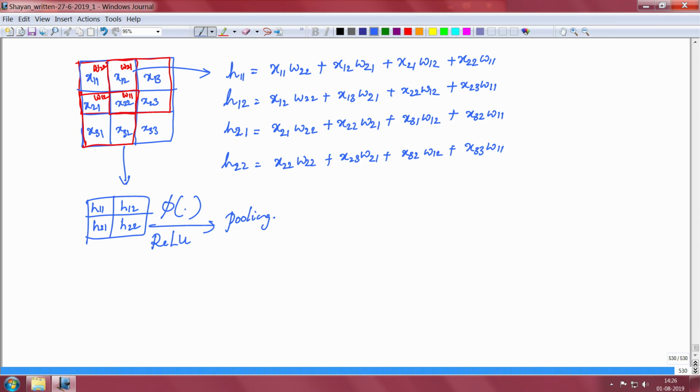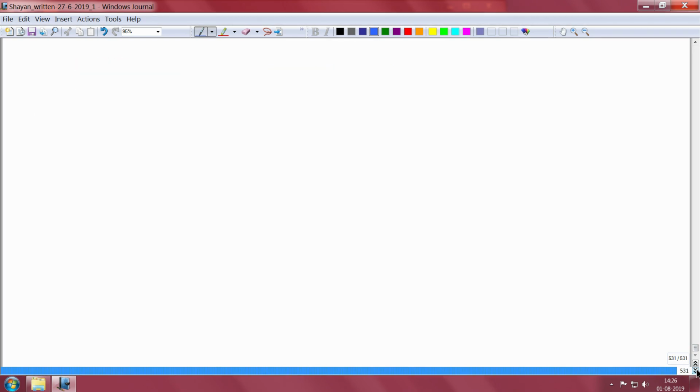Now, let us look at the difference between MLP and CNN. So, first we will look at MLP. As I discussed before, we have a set of inputs, a set of hidden neurons and output neurons.